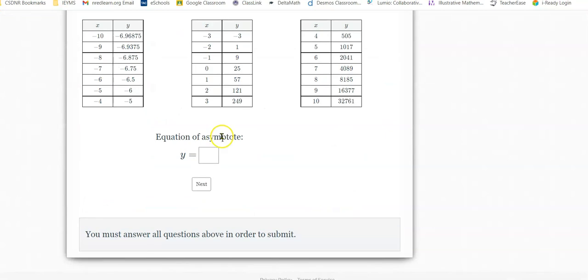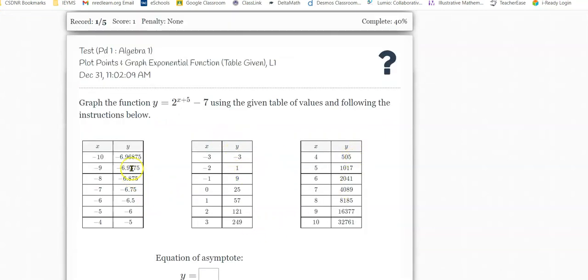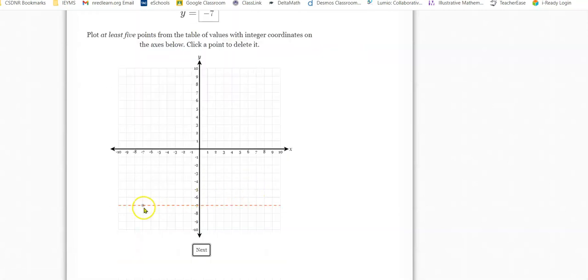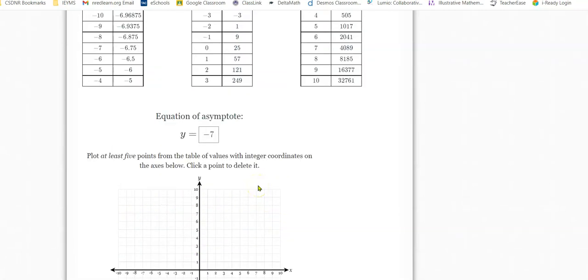Let's try one more time. Let's see, where does it start getting small, small, small? It's -5, -6, and it never goes to -7. So that's the asymptote. So there's a line. It's never going to pass that -7.